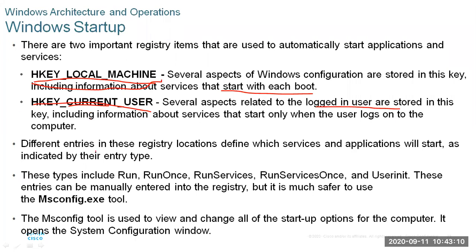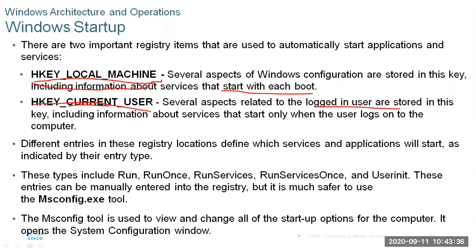Different entries in the registry locations define which services and applications will start, as indicated by their entry type. These types include Run, RunServices, RunServicesOnce, and user initiation.